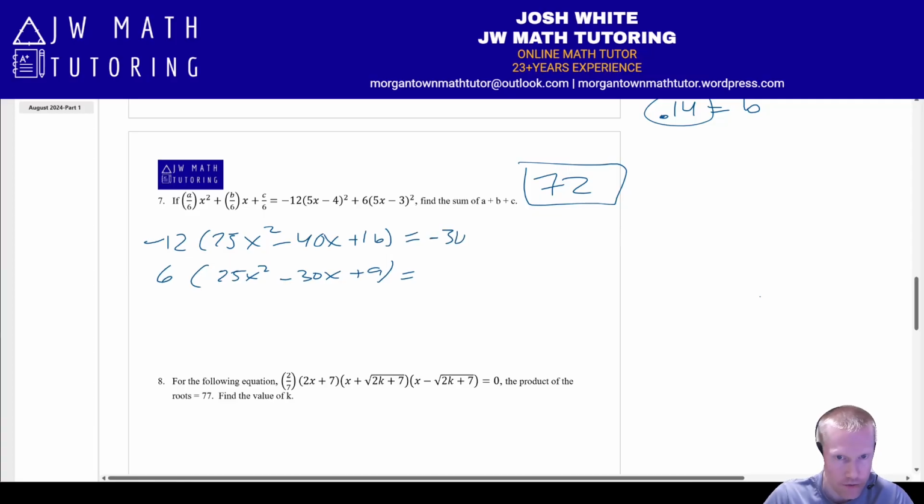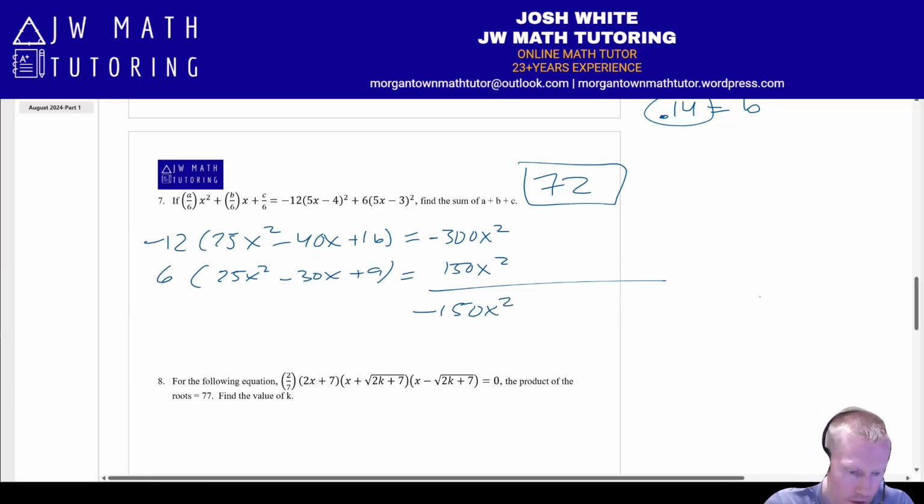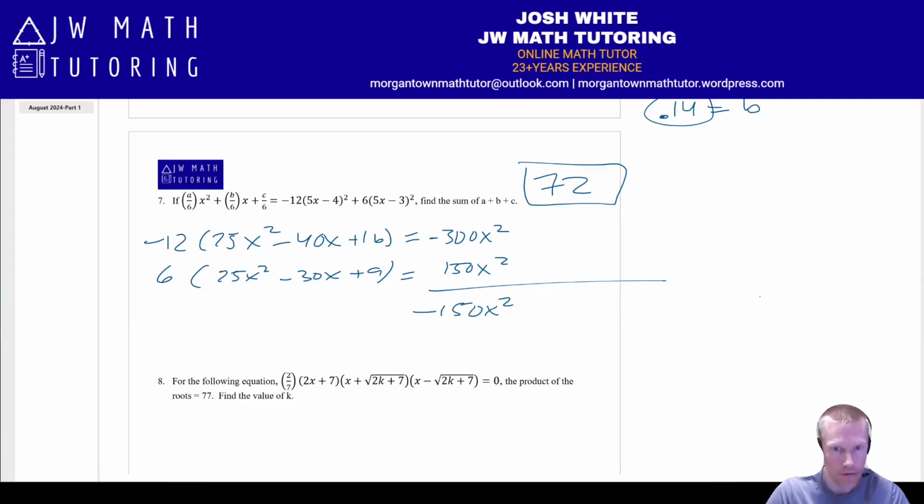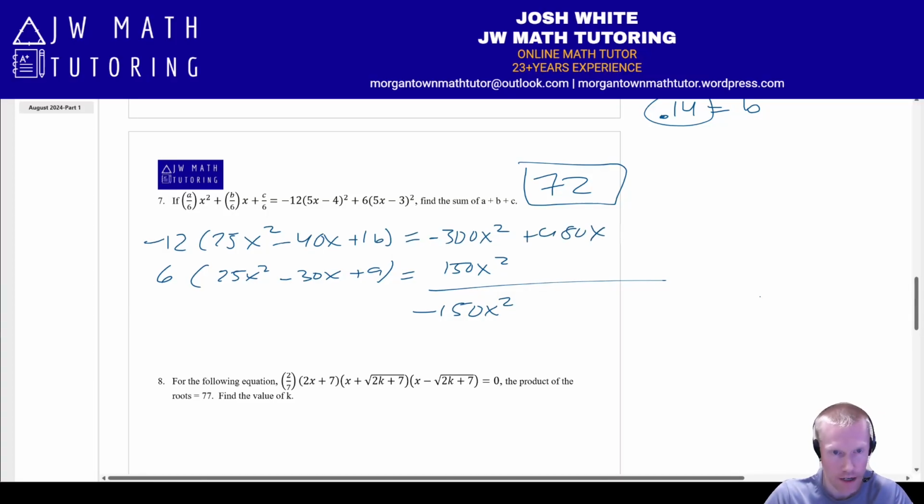You've got negative 300x squared. Down here, you've got 150x squared. Negative 150x squared is the overall result. Okay, then you got 480x. Then we've got minus 180x plus 300x. Let me fix that.